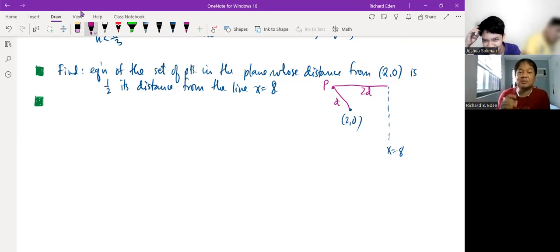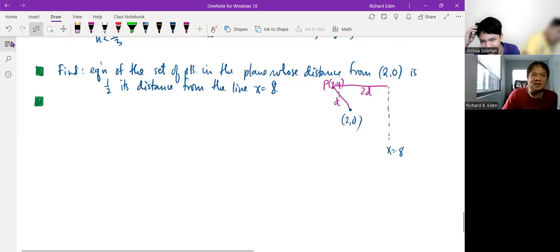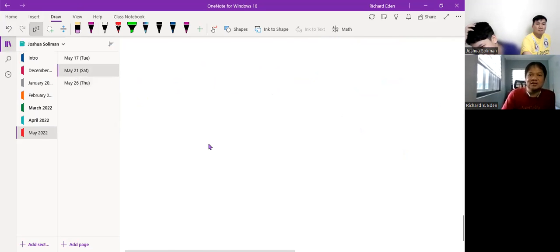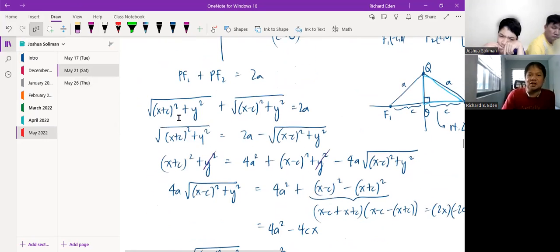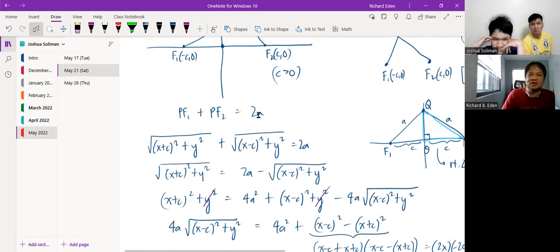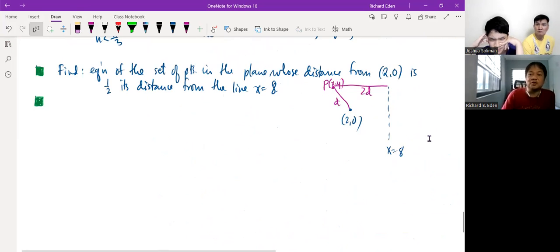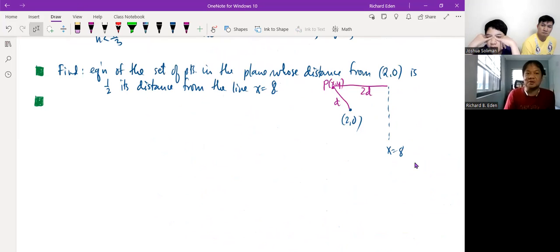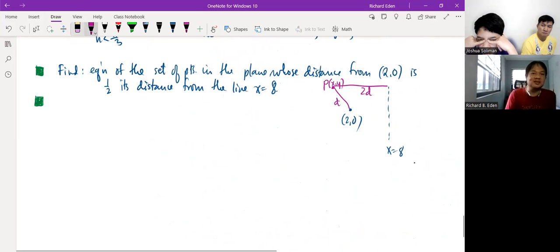So what you're going to do is similar to the setup that we did in coming up with the general equation of the parabola and an ellipse. In fact, mas general pa nga, it was in terms of symbols. So ito, you have specific coordinates and a specific equation that's provided. Last question, ano kaya nung set of points that would appear? Is it going to be a parabola or something else?